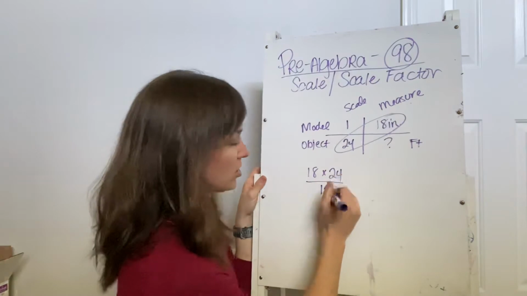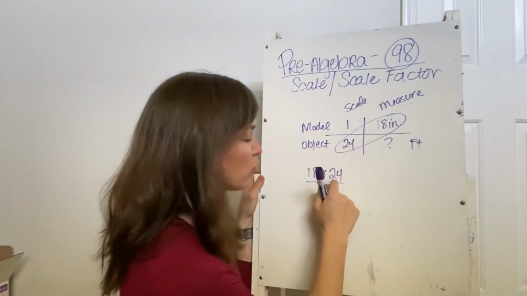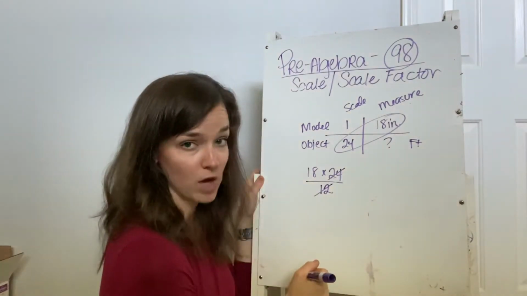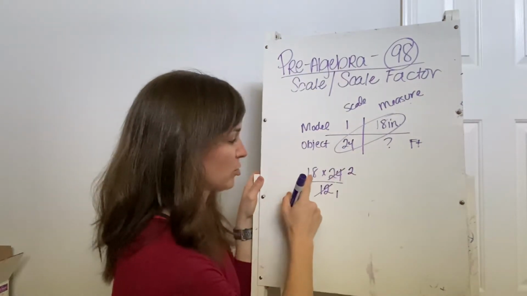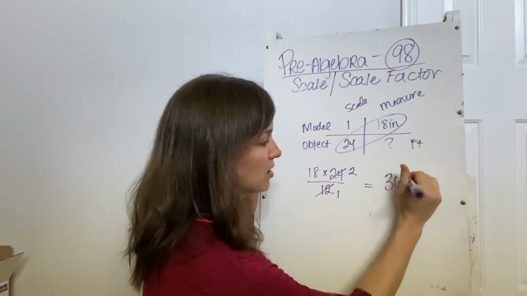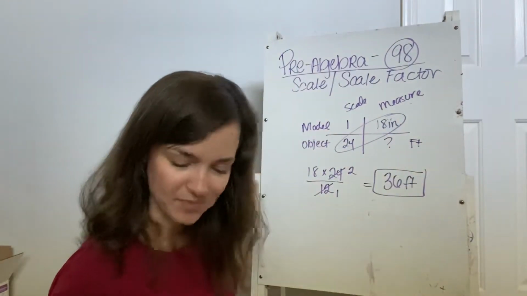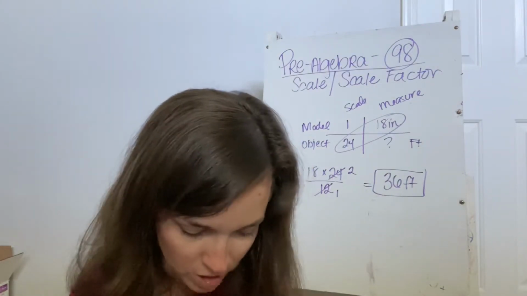They did 432. Oh well, we'll just finish it this way, because you could also cross simplify. You could say, all right, I know those can both be divided by 12. So this would be 1, this would be 2. Then you're really just multiplying 18 by 2 here, which would give you 36 feet. And that's it. All right, so let's try another one.